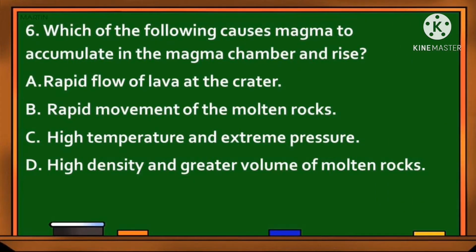For number 6, which of the following causes magma to accumulate in the magma chamber and rise? A. Rapid flow of lava at the crater, B. Rapid movement of the molten rocks, C. High temperature and extreme pressure, D. High density and greater volume of molten rock. Write your answer.